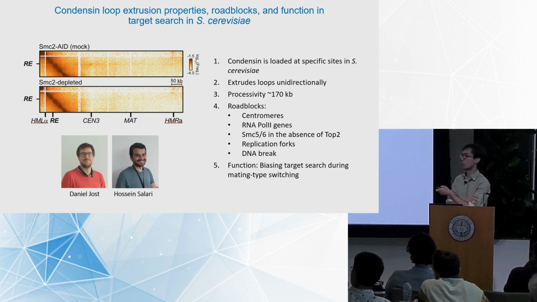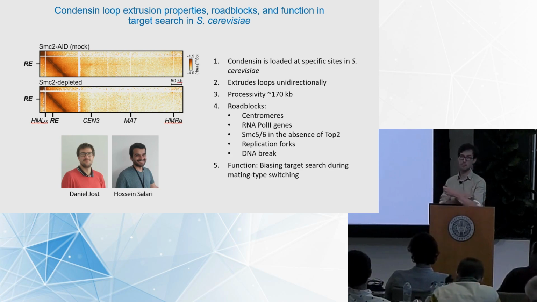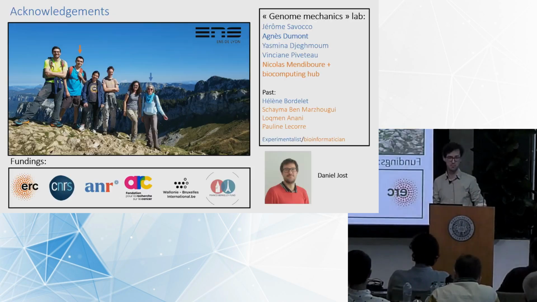Top2 is required for extrusion, but actually it's because it generates substrates that are bound by SMC5/6, and that is the one thing that blocks extrusion by condensin. It's blocked by forks and by breaks, and it has a function in mating type switching, biasing the search towards the donor that is close to the recombination enhancer. So okay, I'm stopping here, and I'm very happy to take your questions.